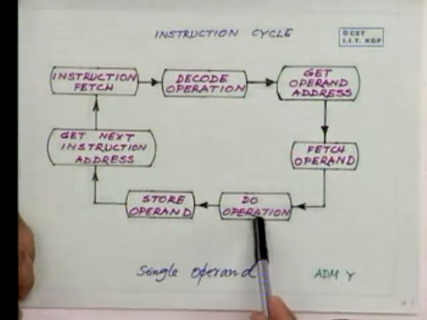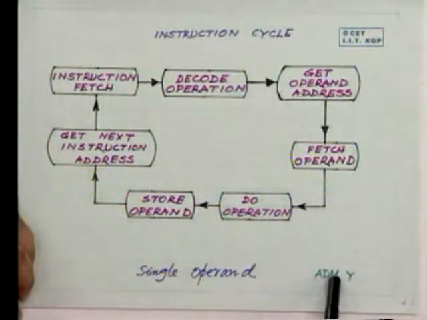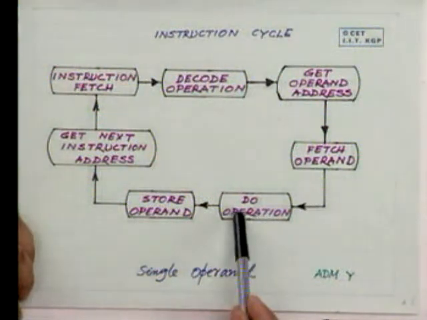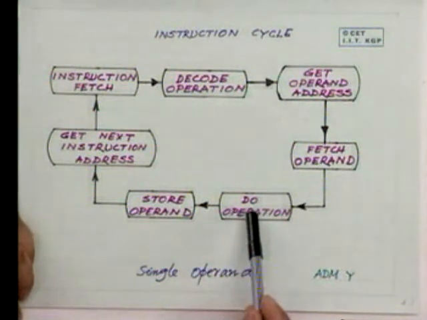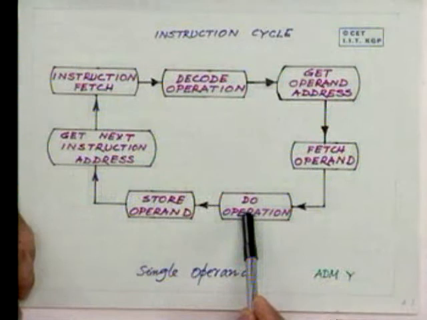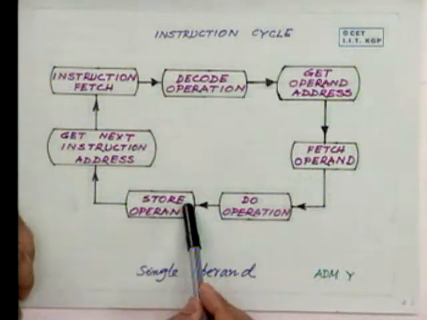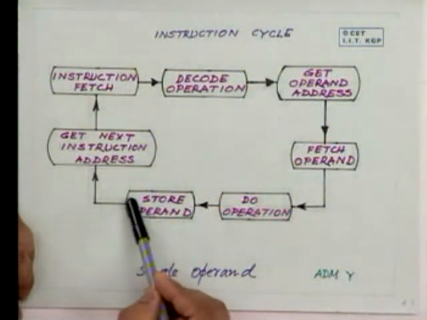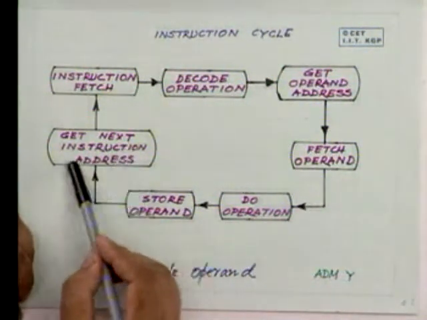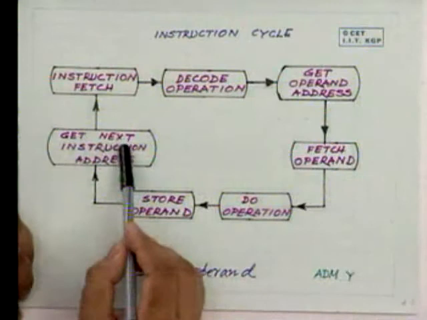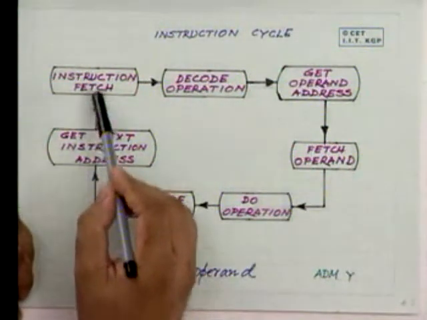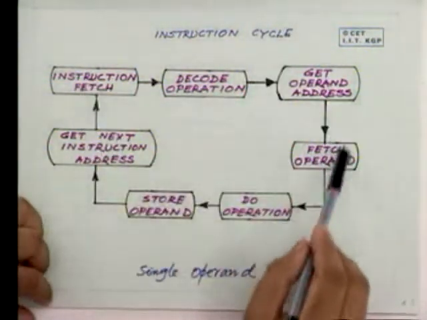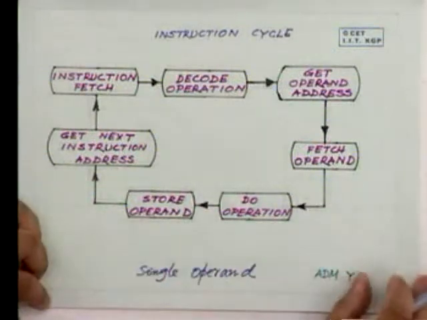After fetching the operand, it does this operation, add. The result remains in that accumulator, as we said. Therefore, the store operand basically is a null operation here. Then it comes to get the next instruction once more, and the entire instruction cycle starts once more.